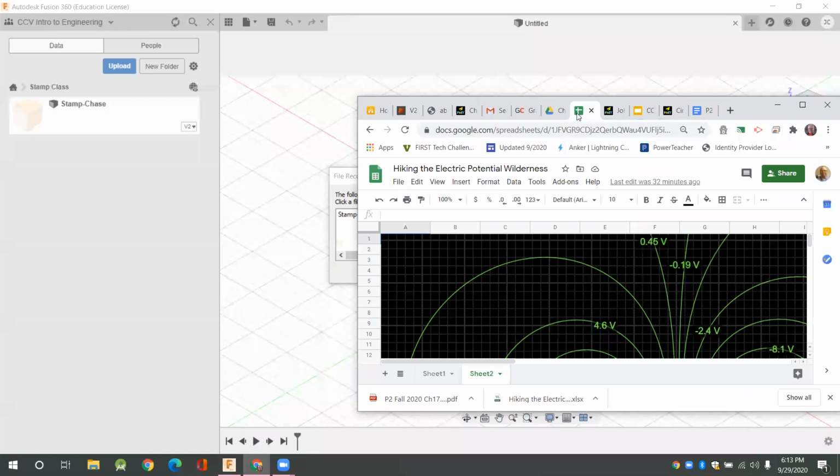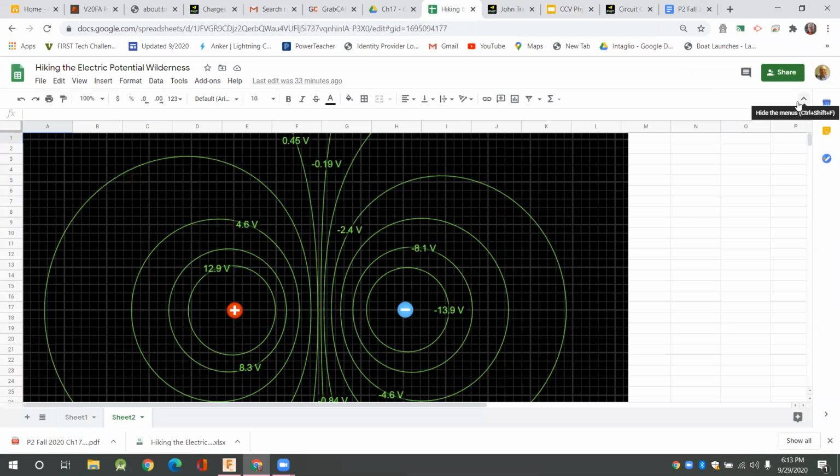This is a file called Hiking the Electric Potential Wilderness. Now, if you had a chance to do that electric field activity, which by the way, you can just submit to me as a PDF, then you had a chance to map equipotentials. I'm going to zoom away from this just a little bit.